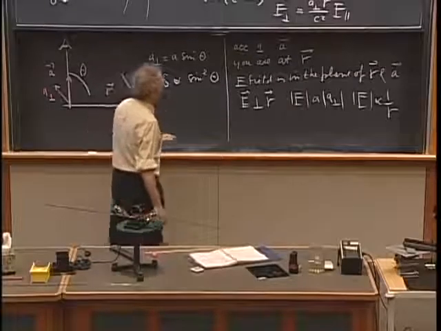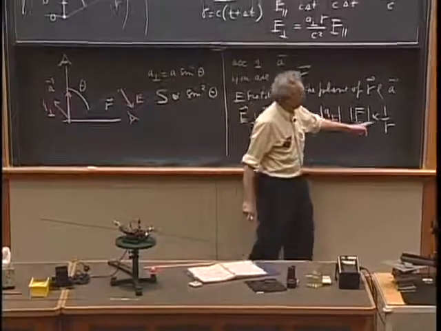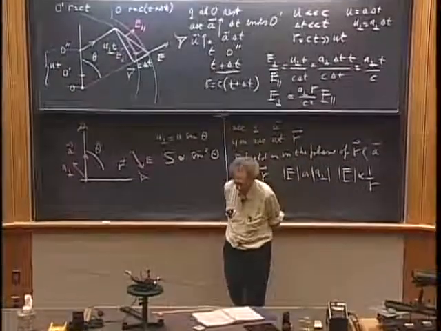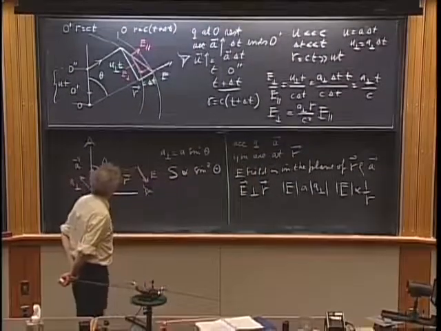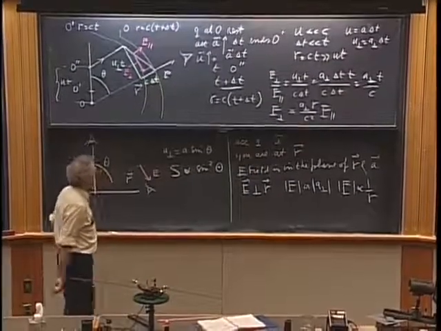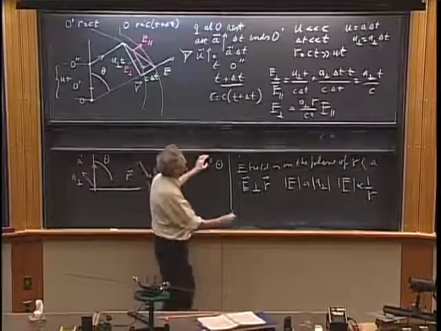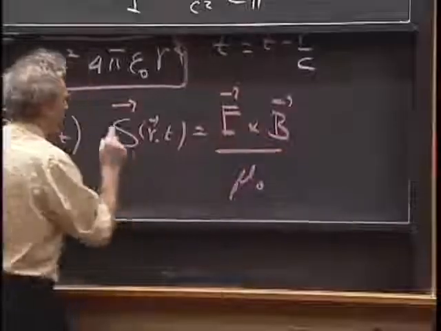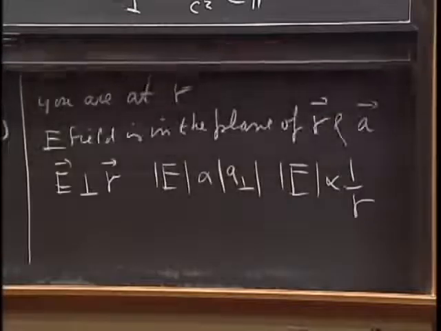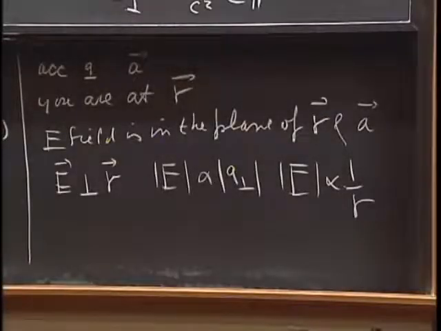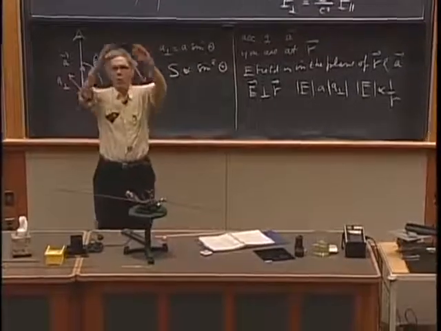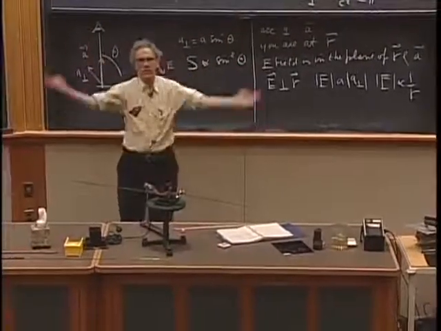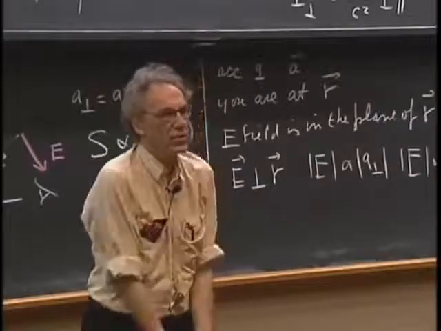The 1 over R is an obvious thing. It's a consequence of the conservation of energy, because the Poynting vector is proportional to E squared, because it's proportional to E cross B. So the Poynting vector is proportional to E squared. So imagine now that you have a sphere with radius R, and you want to know all the energy that flows through that sphere. So you have to integrate over the entire sphere.